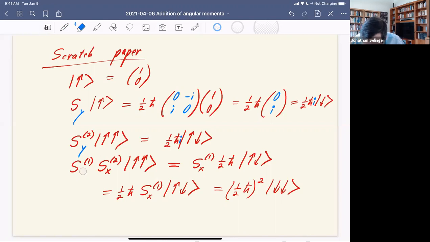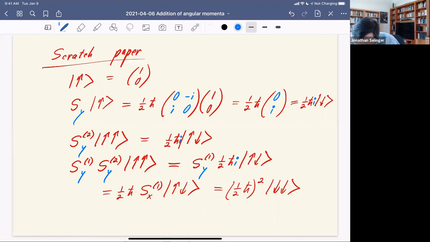And when you have S1y acting on S2y acting on up, up, that is S1y acting on a half h bar i times up, down.